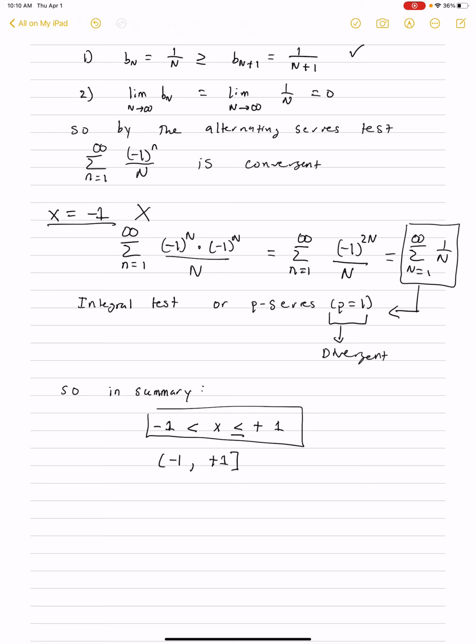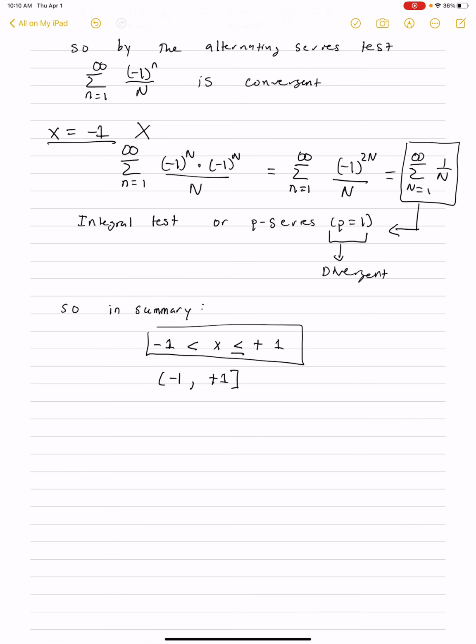The radius of convergence, if I was to draw this, here's going to be minus 1, here's going to be 0, and here's going to be plus 1. I'm going to see, it works at 1, so I'm going to fill that in.